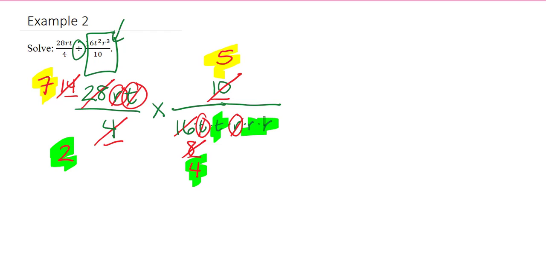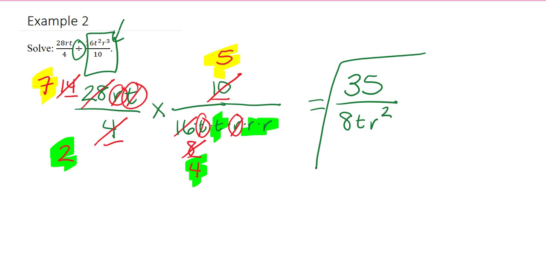So let's write this all out. 7 times 5 is 35, so that's on the top. And then on the bottom we have 2 times 4, so we only multiply the numbers. That's 8. Then we have t, and we have 2 r's, so we're just going to write r squared. And this is reduced, so this would be our solution.